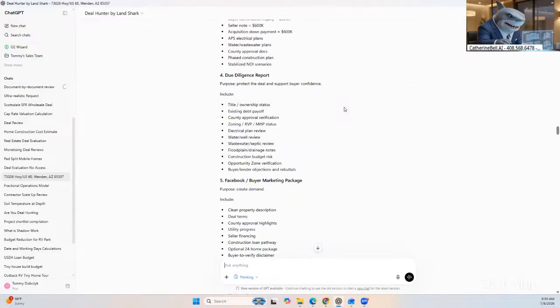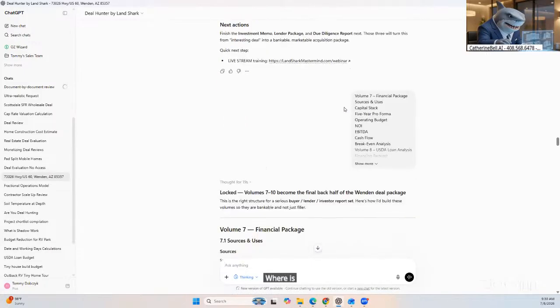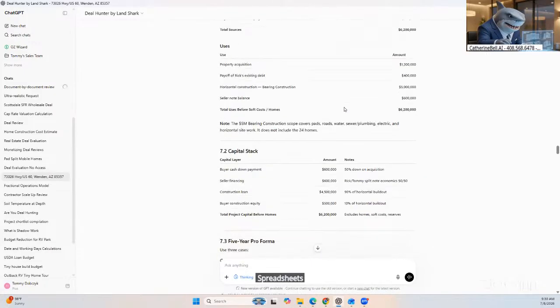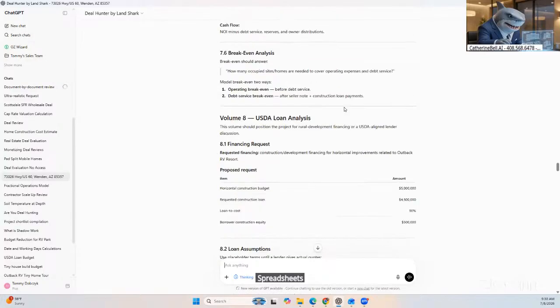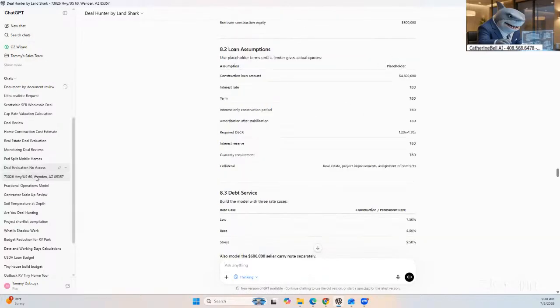Where is spreadsheets? Hmm. Catherine, do you have those spreadsheets? Trying to find which conversation they were in, but do you have them open on yours?